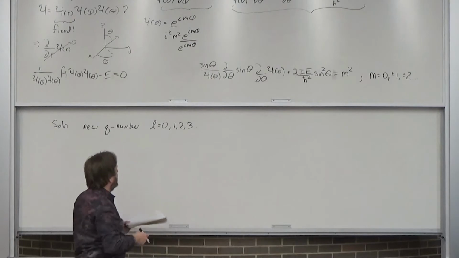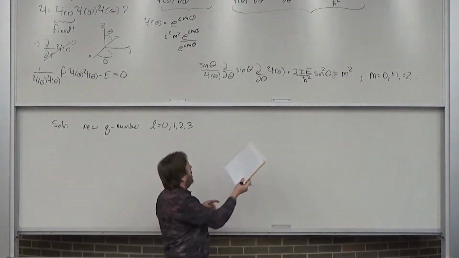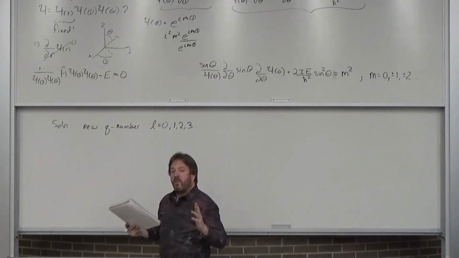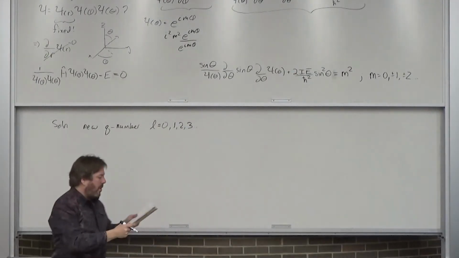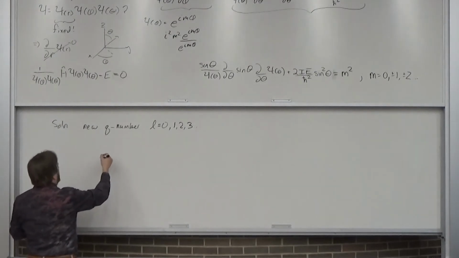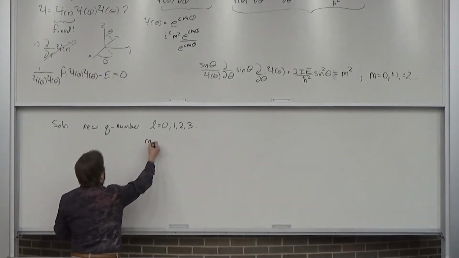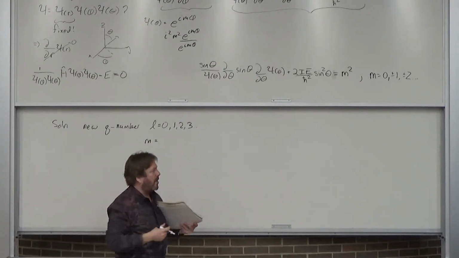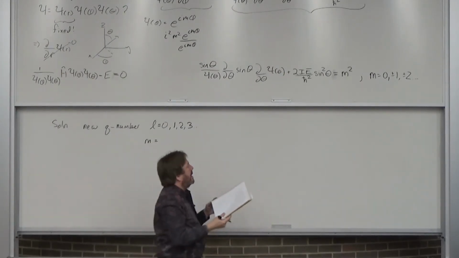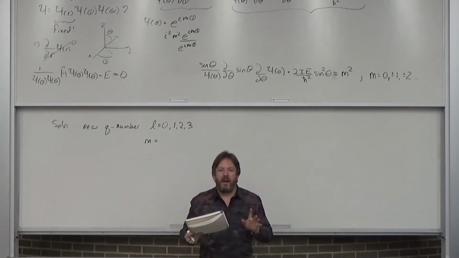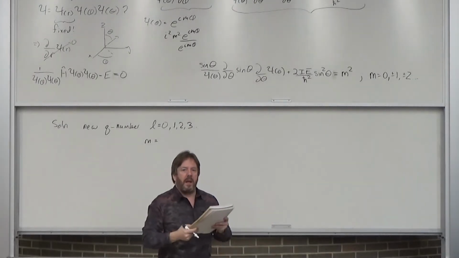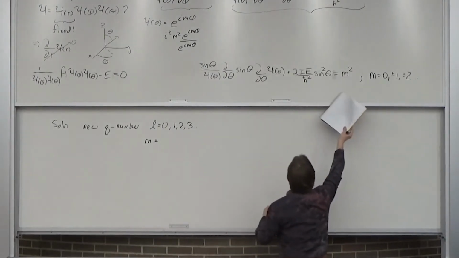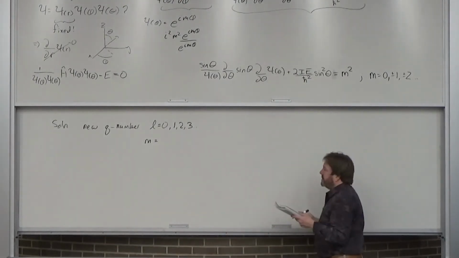Whenever you solve this, you're going to find more than one answer. Let me back up. Let's start with the lowest possible quantum number, which we're going to start with m because you use m to solve this one. So let's say m is 0.